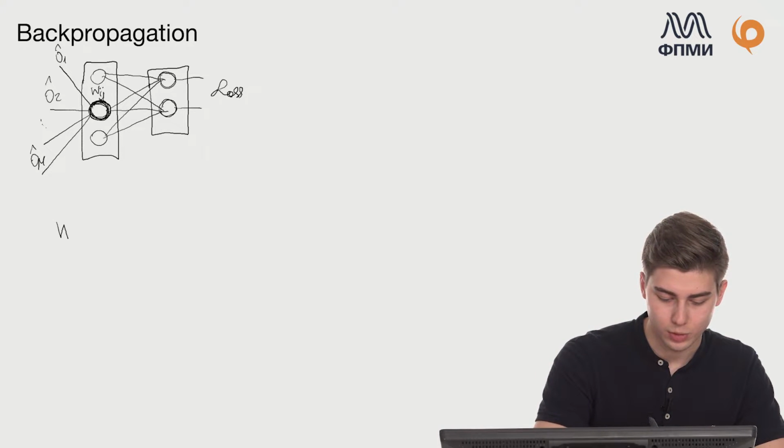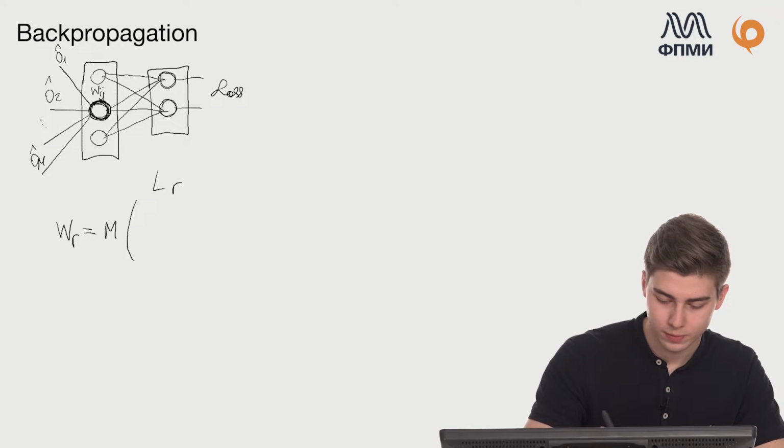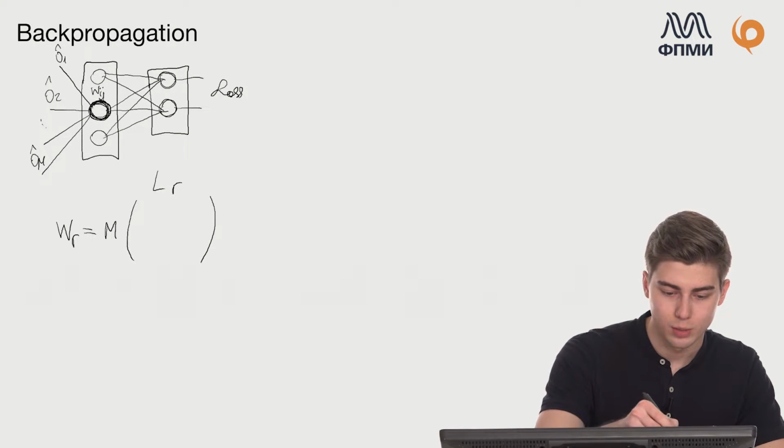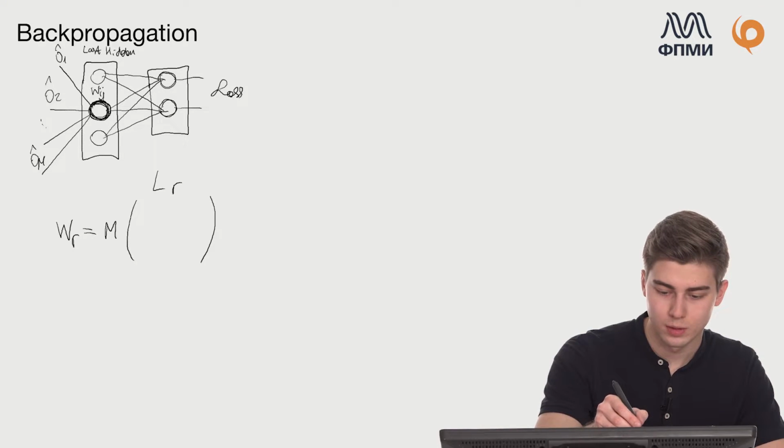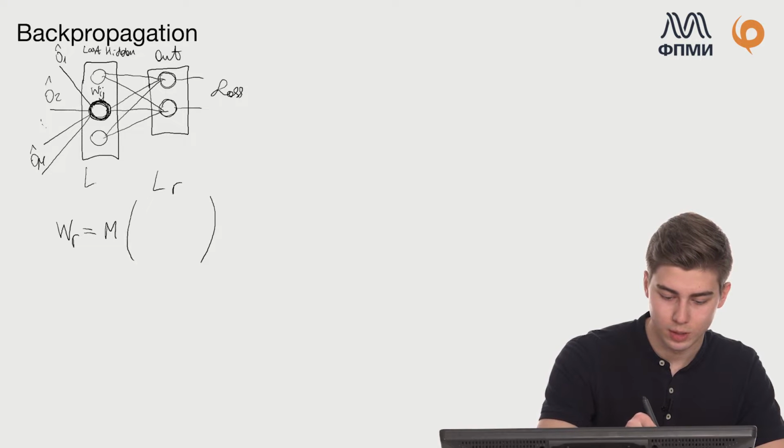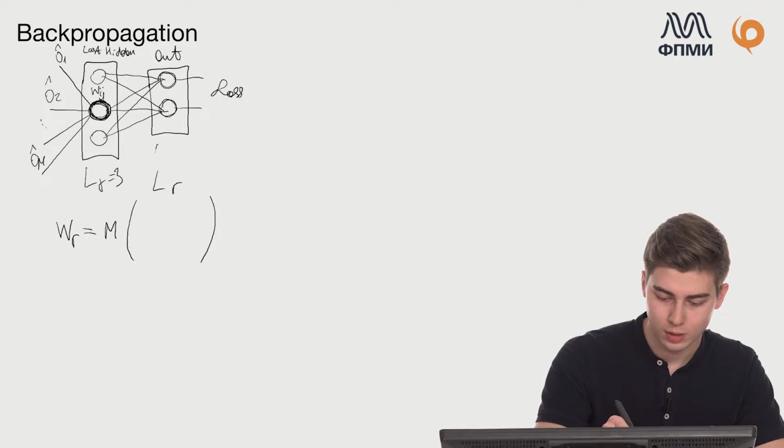And the weight matrix of this layer is equal to M by L_out. Here M is the number of neurons in the previous, last hidden layer, and L_out is the number of neurons in this layer.